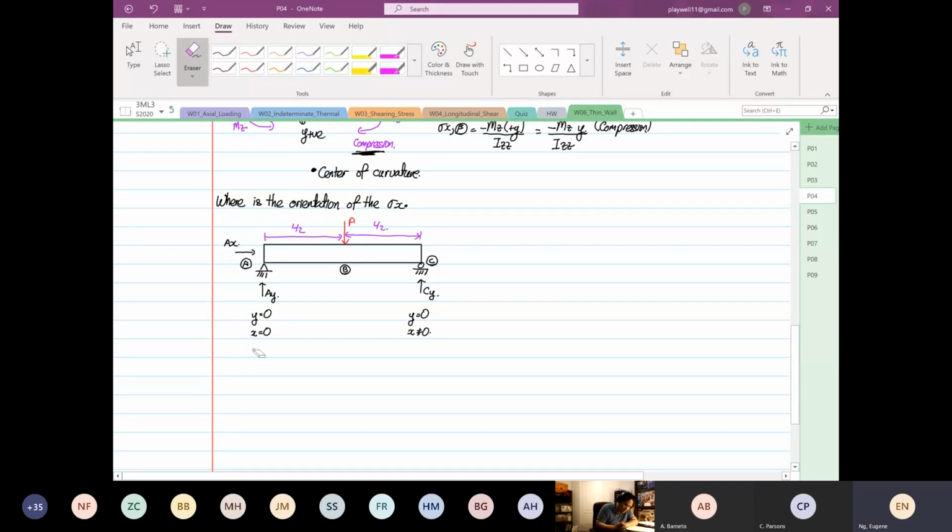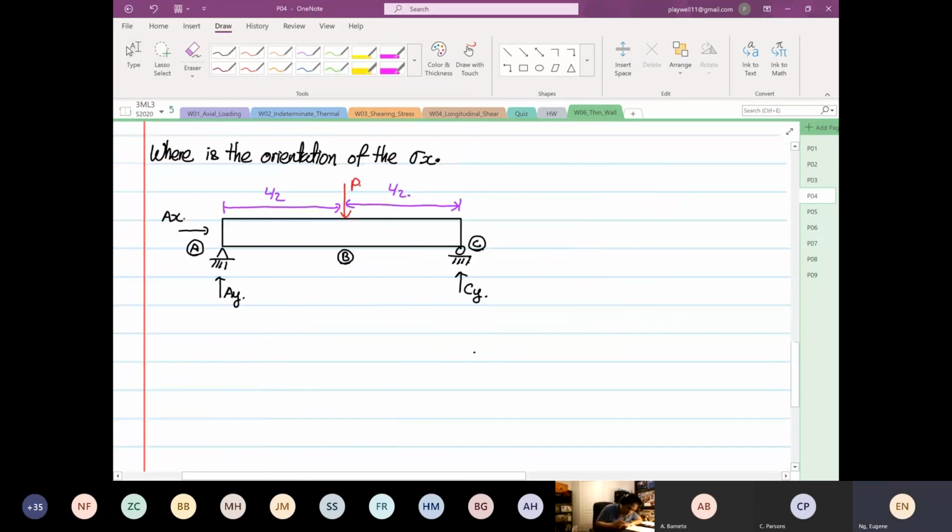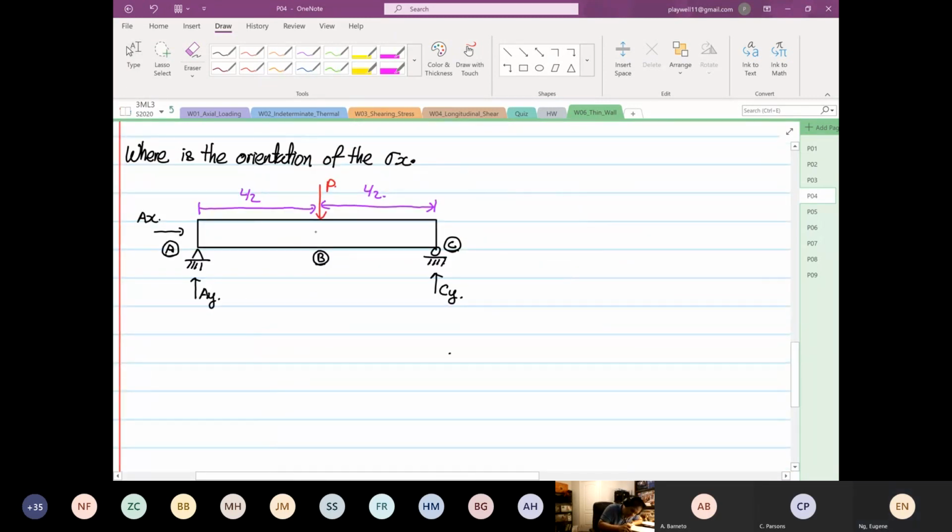So if we were to take an element, we draw an element down here. An element is a small square that you designate as an element, or where you put a strain gauge in that area.